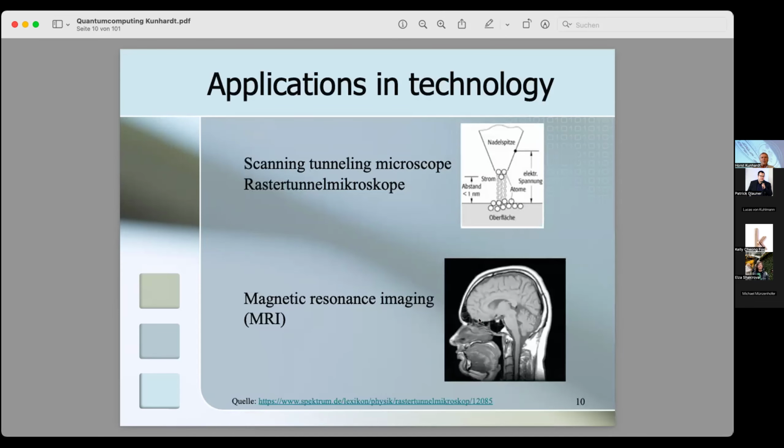And other applications in technology, first started in the 1940s and 1950s, are scanning tunneling microscope technology to learn about structures on very small levels, or what we use daily worldwide in medicine, magnetic resonance imaging technologies, to see inside our body, to see structures of our body, of our brain, for example, or to find out the location of tumor cells.